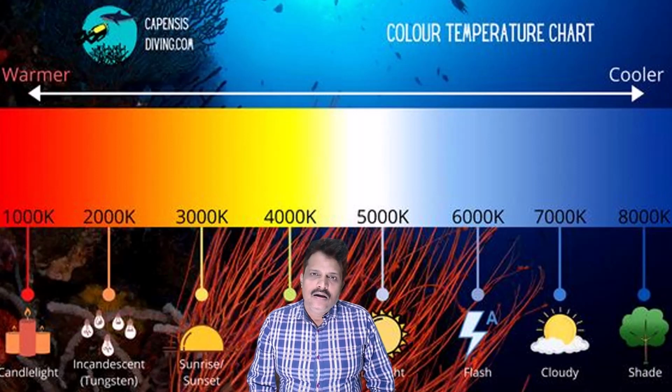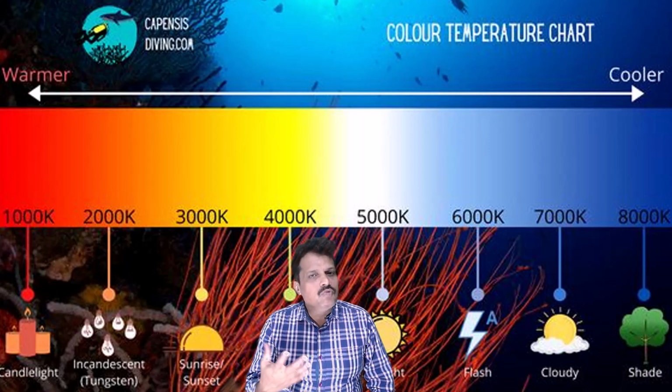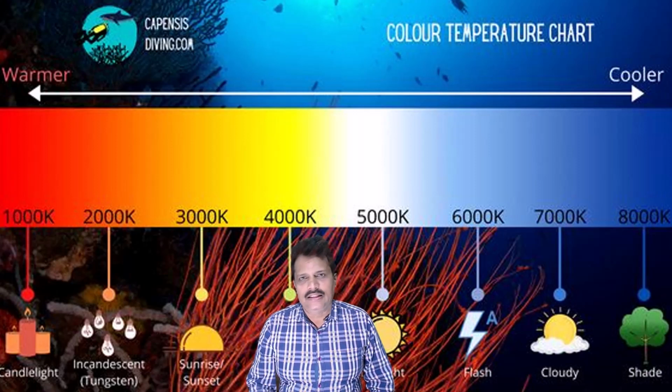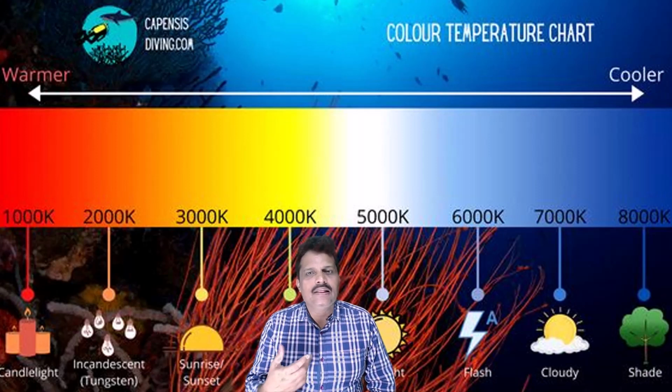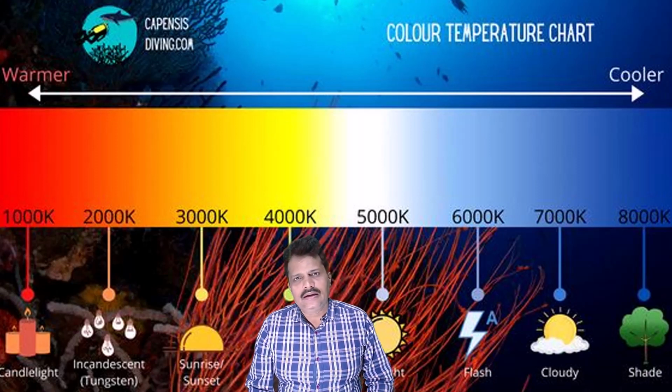Now, here the thing is, when you are shooting, if you use a fluorescent lamp, a tungsten filament lamp or a halogen lamp, most of that light will be yellow in color.